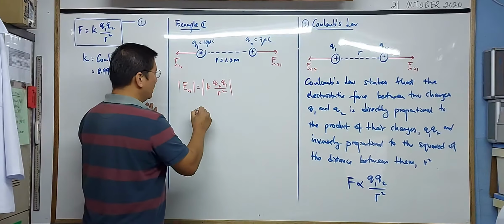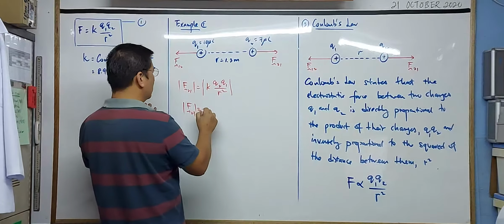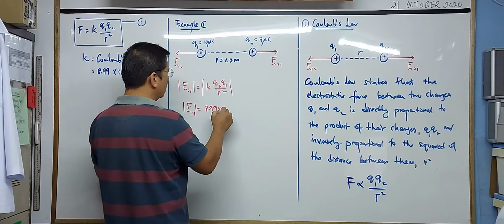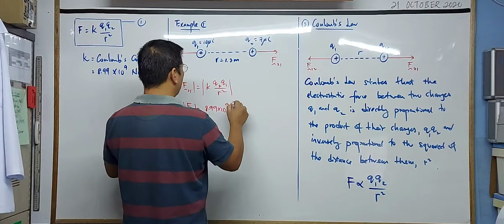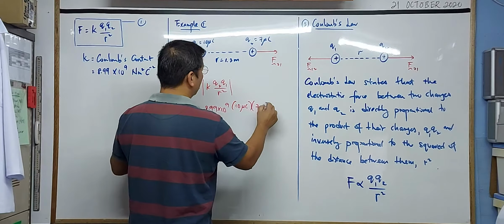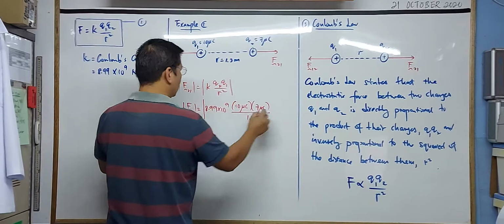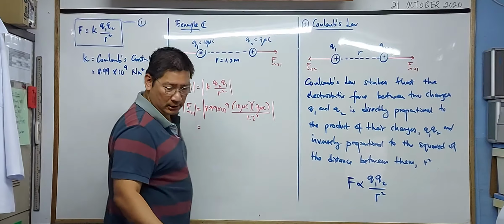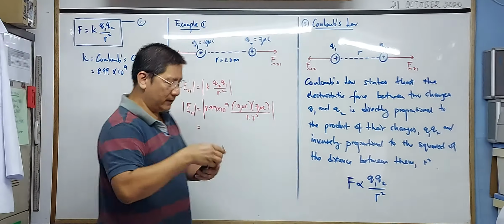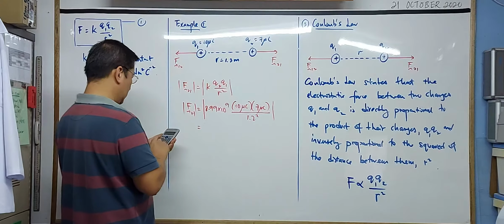So we put in the values and calculate the magnitude of the force F21. That will be 8.99 times 10 to the power 9, multiplied by charge number 1, 10 microcoulomb, and then number 2, 7 microcoulomb, divided by distance 1.2 squared, and don't forget the magnitude. Alright, a moment while I calculate the value.